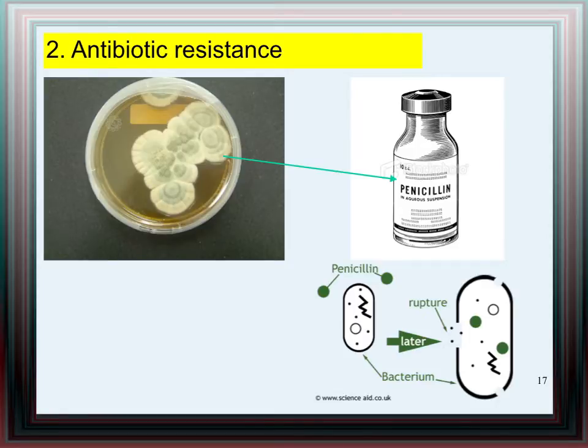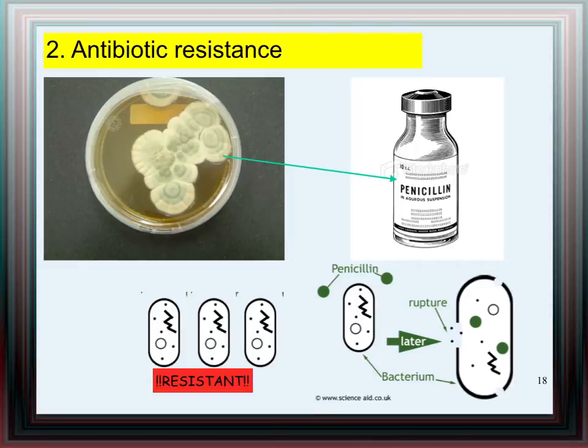So if someone takes penicillin to treat a bacterial infection, the bacteria that are sensitive to penicillin will die, and in most cases this will be the entire population of the disease-causing bacteria. If, however, there are bacteria that have an allele that gives it resistance to penicillin, they're going to survive.